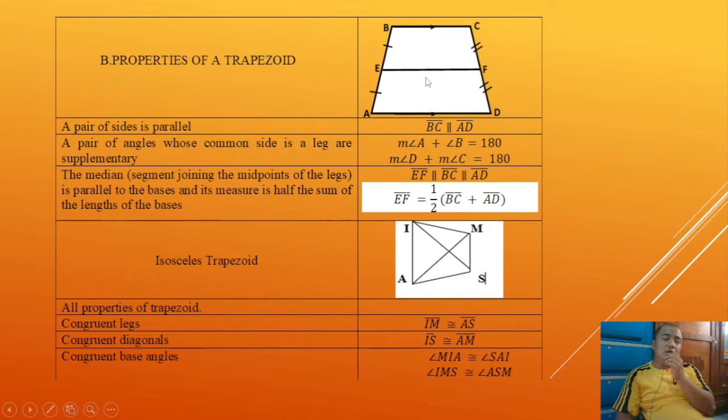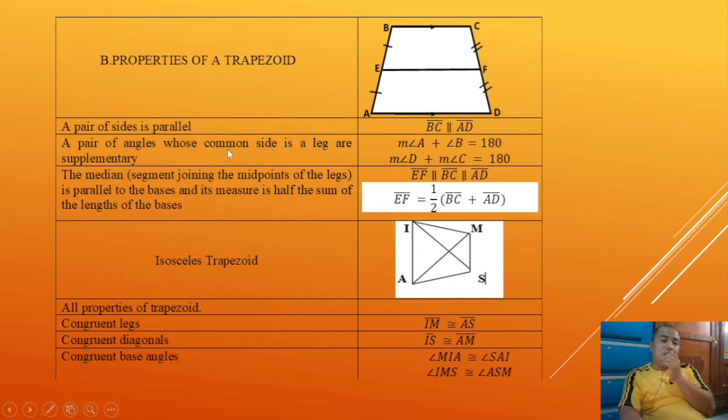Yes, there's only one pair of parallel sides in a trapezoid, unlike in a parallelogram, where two pairs of sides are parallel. These are BC and AD. These are parallel sides. So BC is parallel to AD.